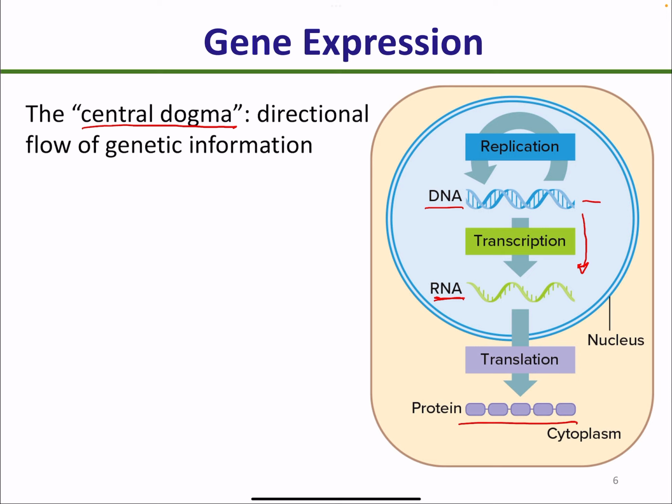This is a one-way flow of information. So we have a directional flow of genetic information from DNA to RNA to protein. That's the central dogma. Another dimension of the central dogma is that for one gene, you have one protein. That's another form of the central dogma, but I'm going to close that parenthesis for now.